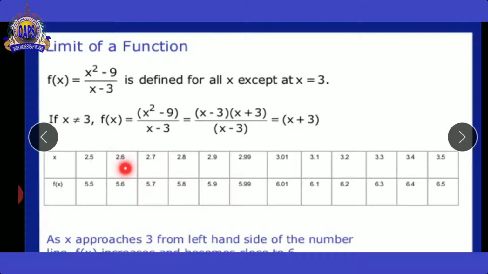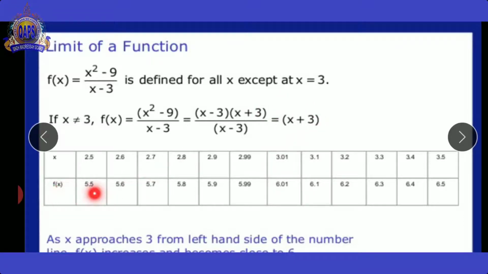If we put 2.6 in place of x, then 2.6 plus 3 becomes 5.6. Similarly, 2.7 gives 5.7. In this table we put x values and the function gives the outcomes.